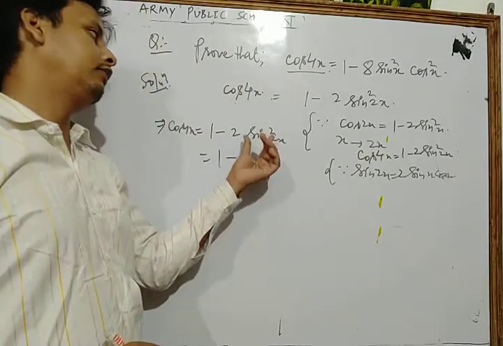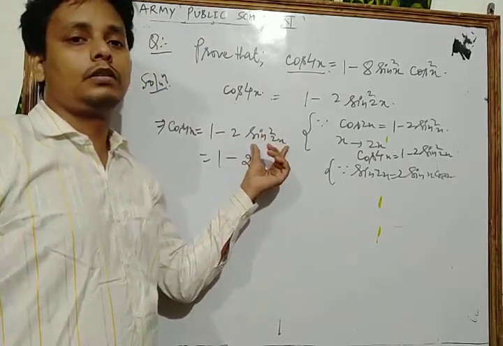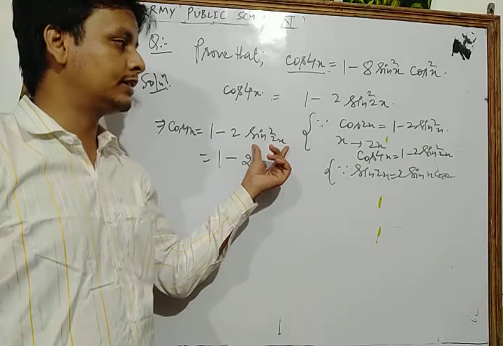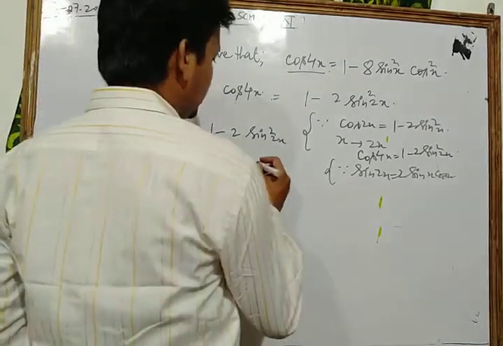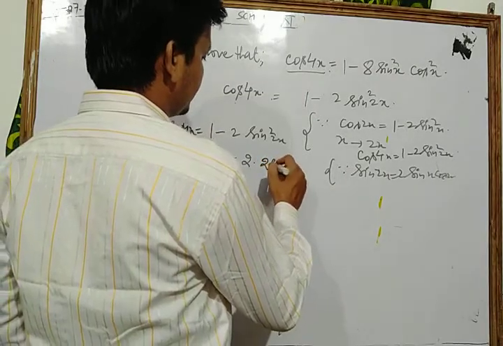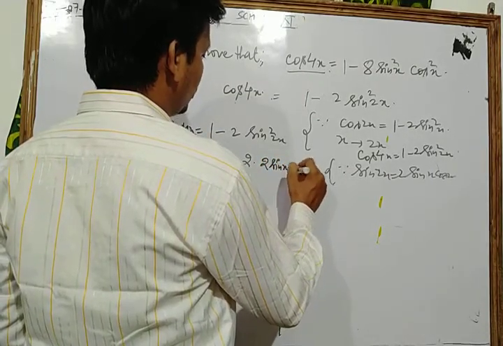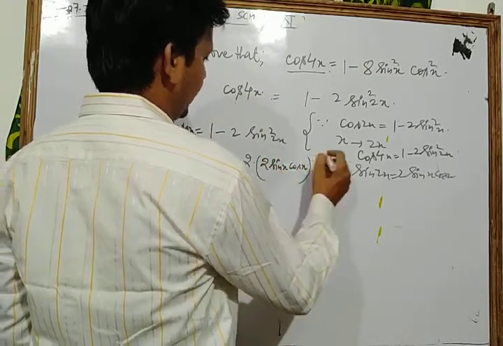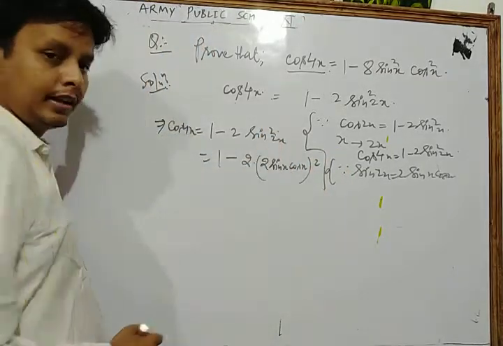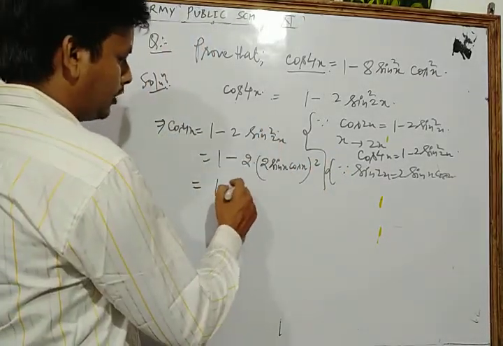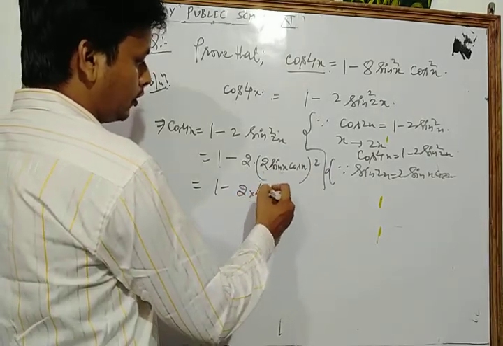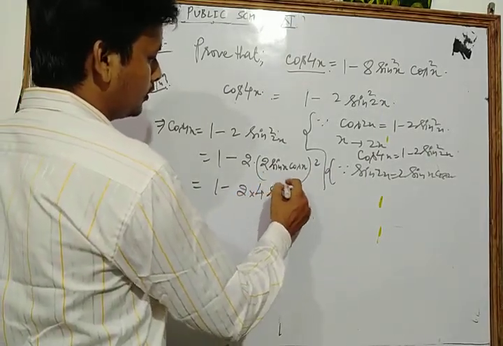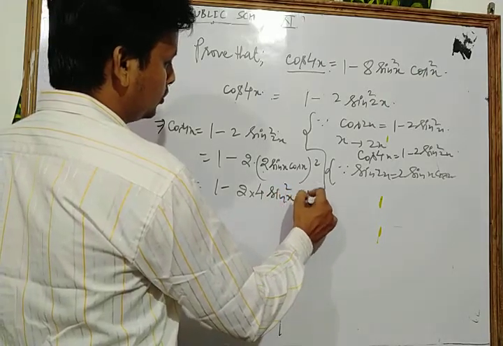So here we put 2 sin x into cos x in the place of sin 2x. Okay, now let's see. That is 2 into 2 sin x into cos x whole square, because here is a square. Okay, now 1 minus 2 into, we split the square, we get 4 sin square x into cos square x.